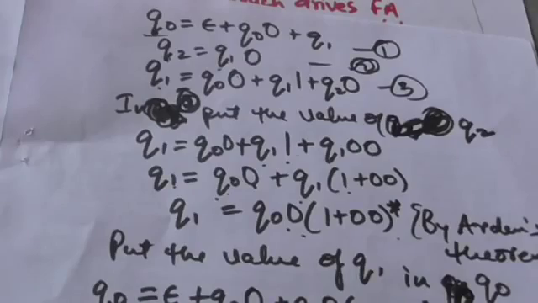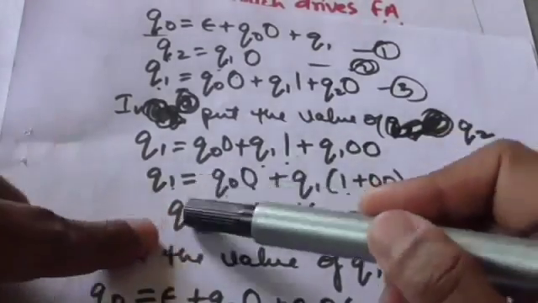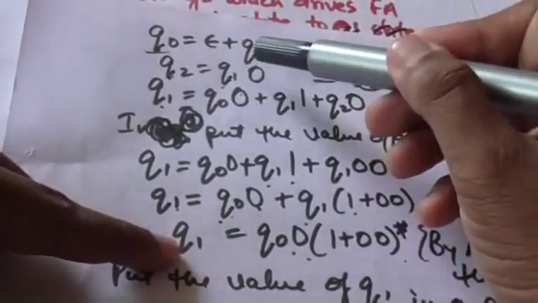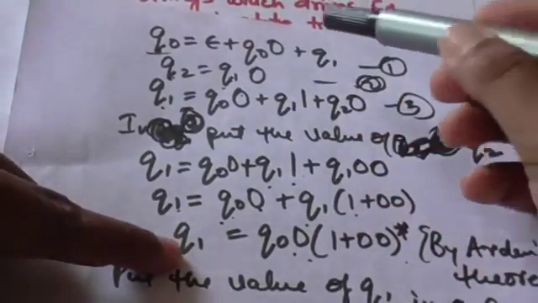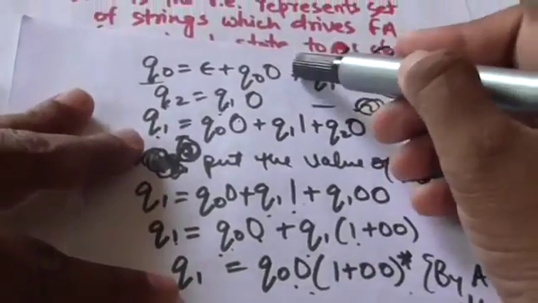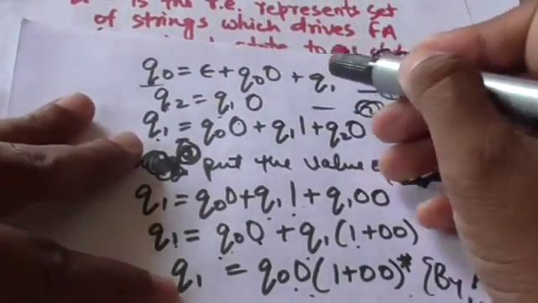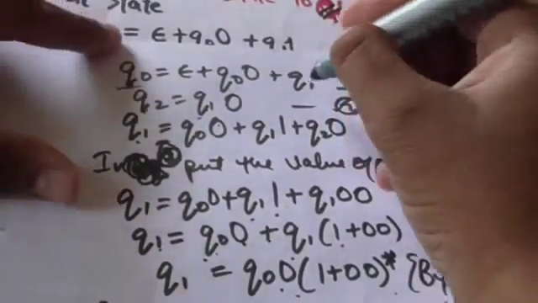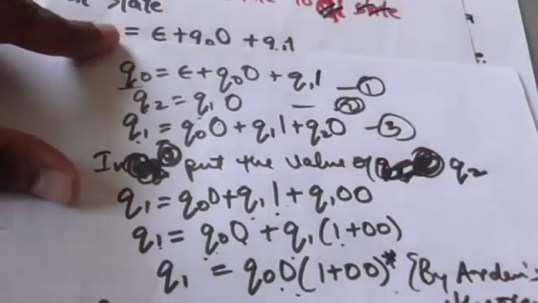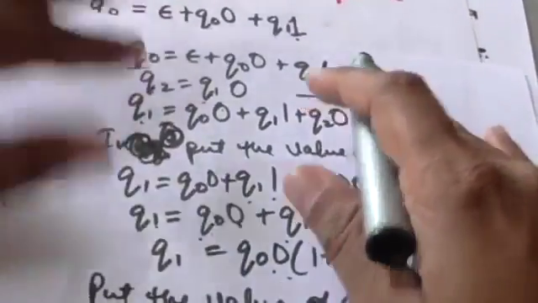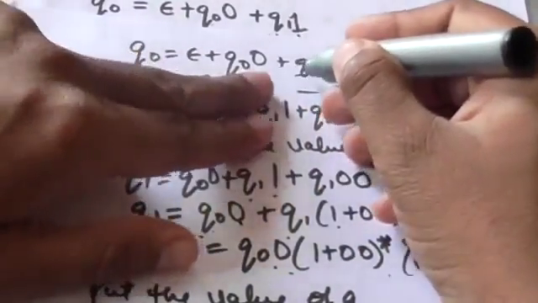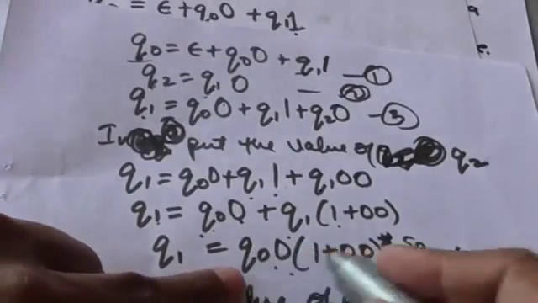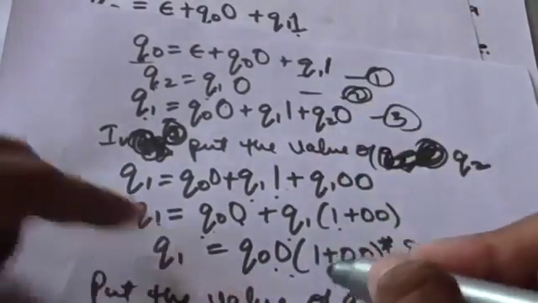Now put this value of Q1 in this equation Q0, meaning replace this Q1 by the right hand side of this equation, right?